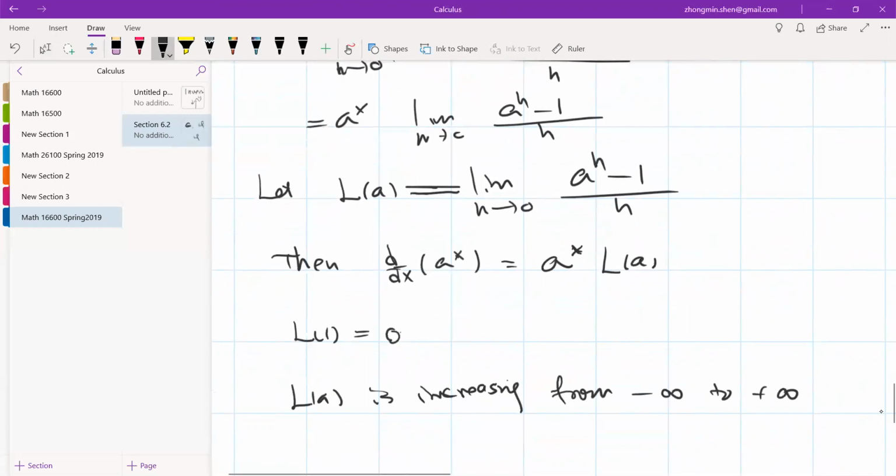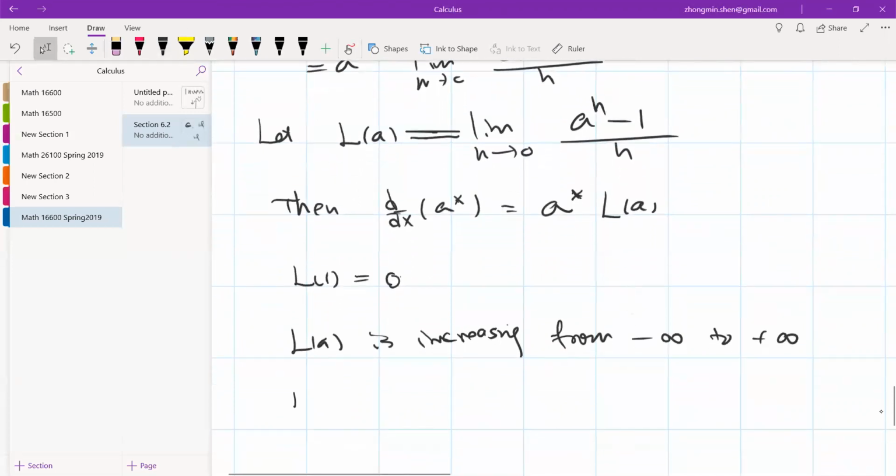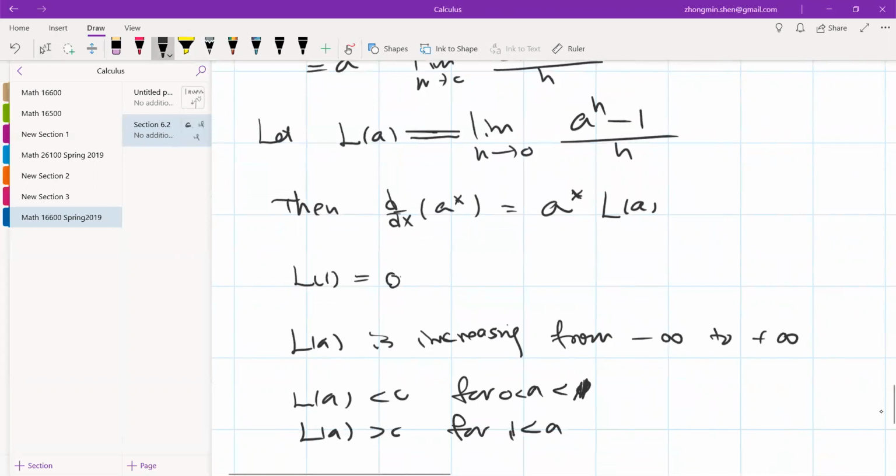So it's increasing, and y can be negative. When a is smaller than 1, a to the x is smaller than 1, so L of a is going to be negative. More precisely, for a between 0 and 1, L of a is less than 0, and for a greater than 1, L of a is greater than 0.